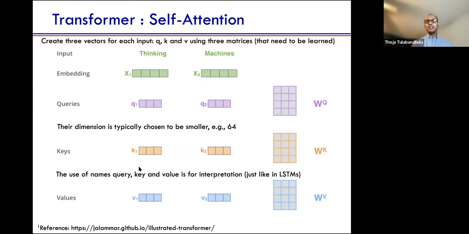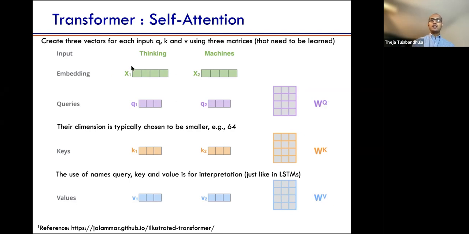So Q1, K1, and V1. The Qs are called queries, the ones with symbols K1, K2 represent keys, and the ones with symbols V1, V2 represent values. It's just some vectors being generated from the original input vector. How are they generated? Think of a weight matrix multiplying the input vector to produce the output vector.